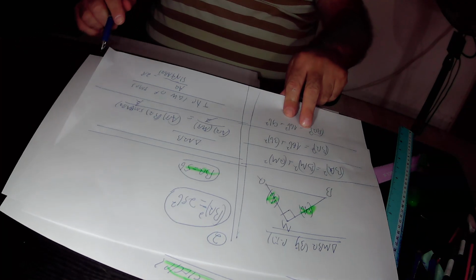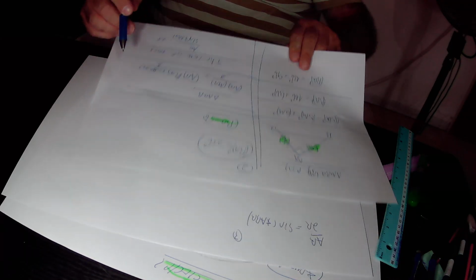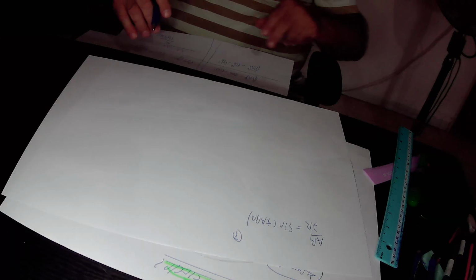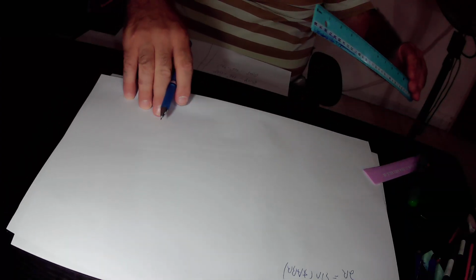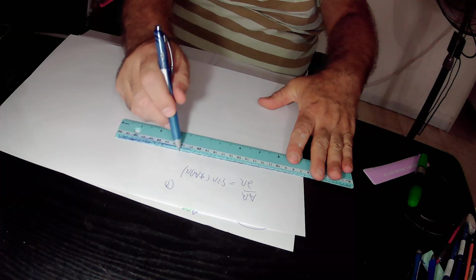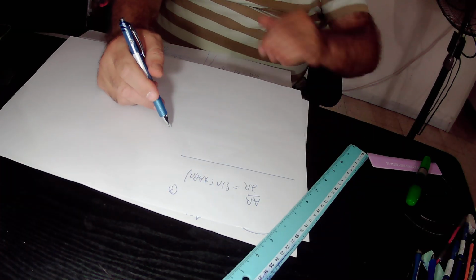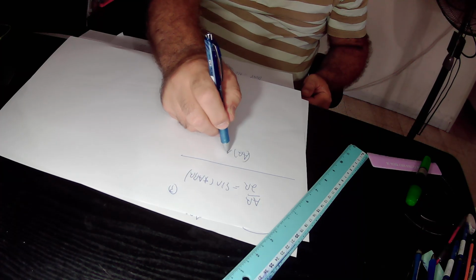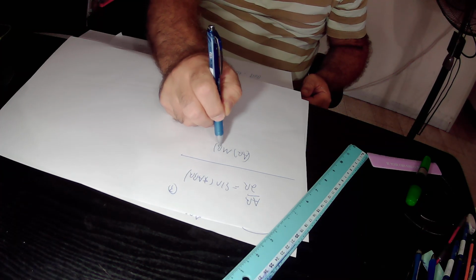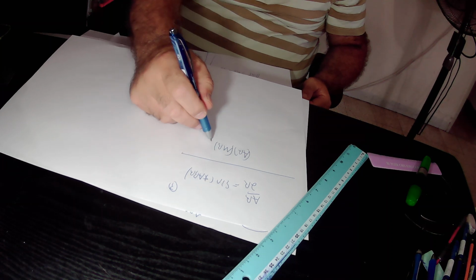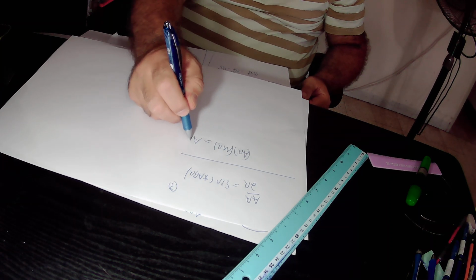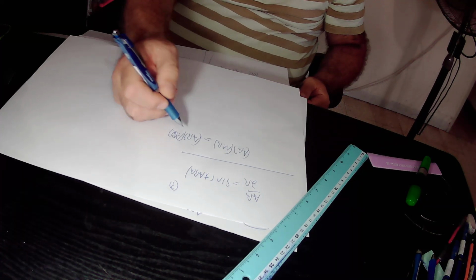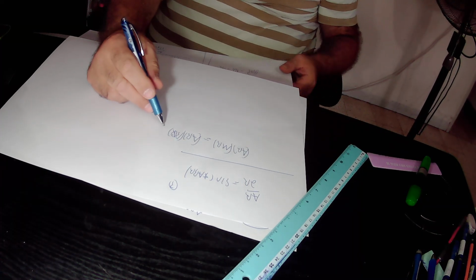Now we can substitute sine angle ABQ by AQ over 2R. We do it now and we get that AQ times MB equals AB times BQ times sine angle ABQ.